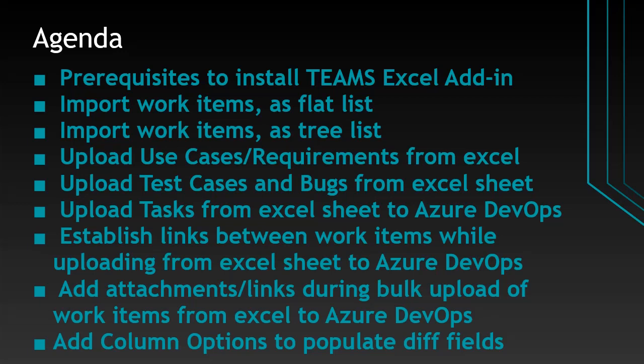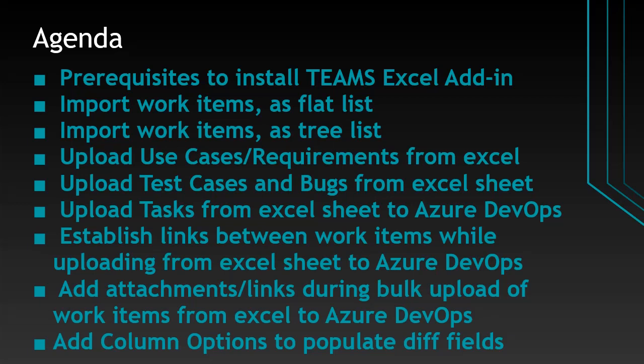And also while uploading any work item, if you want to populate different fields, let's assume in a use case you want to populate acceptance criteria, or in a test case you want to populate a description, that is precondition, you can add those fields from the Excel sheet itself. And while uploading defects, if you want to upload the steps to reproduce, you can upload that particular field also.